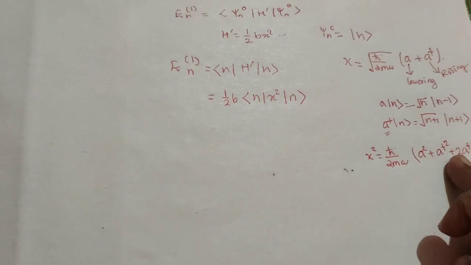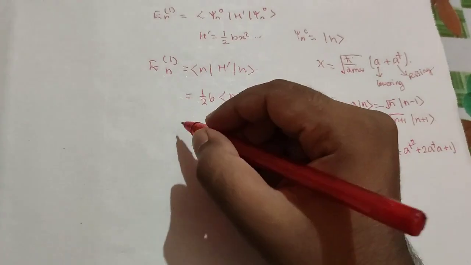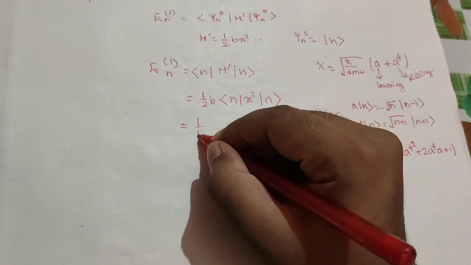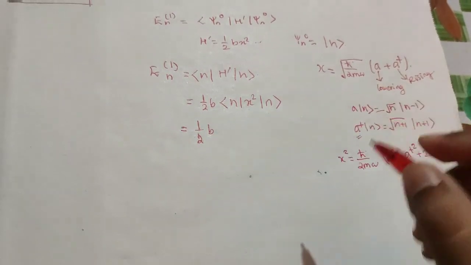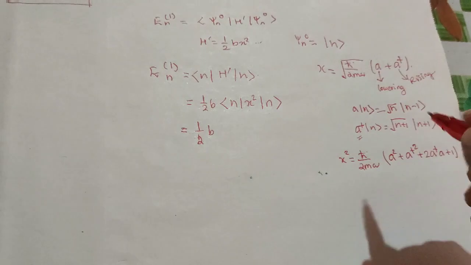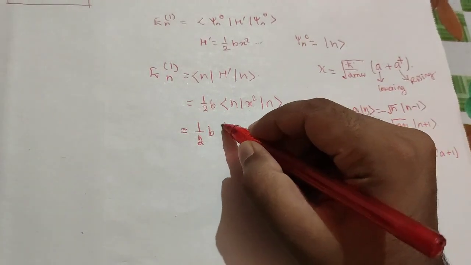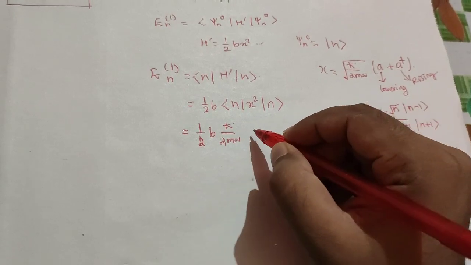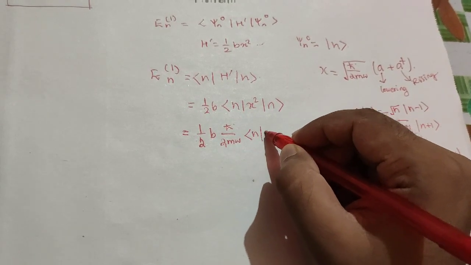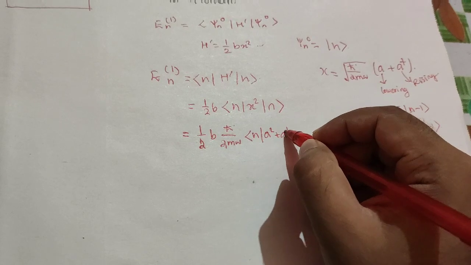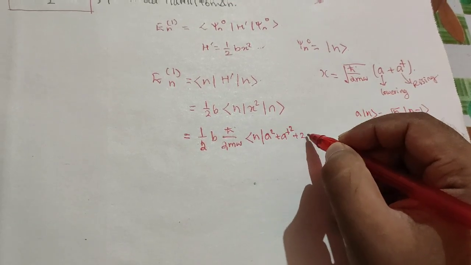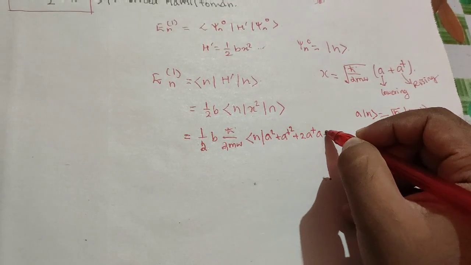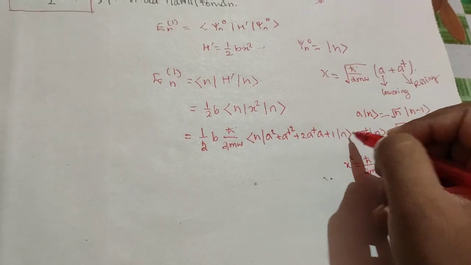So substituting this here, we get half b h bar by 2 m omega, then bra n (a square plus a dagger square plus 2 a dagger a plus 1) ket n.